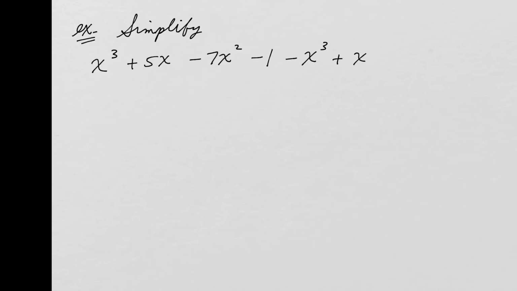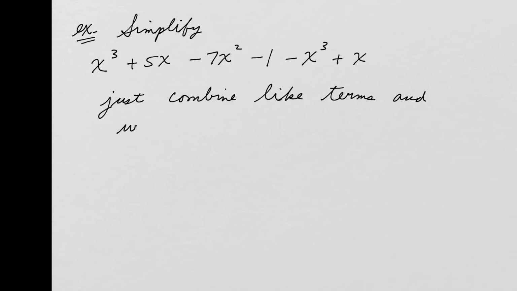I just have to combine like terms, and then usually you rewrite the polynomial in descending order. So I'll say just combine like terms and write the final answer in descending order.